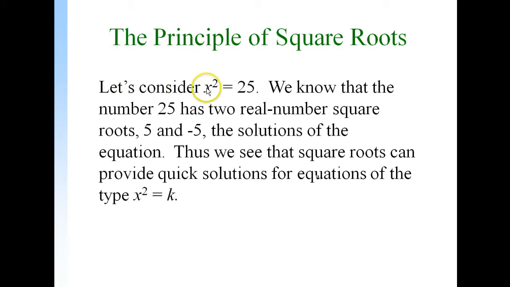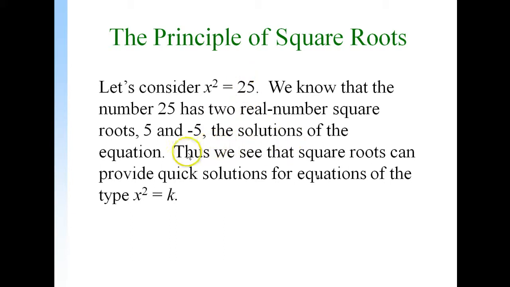So let's consider x squared equals 25. We know that the number 25 has two real number square roots, a 5 and a negative 5. That is, if you square 5, you get 25, and if you square a negative 5, you get 25.